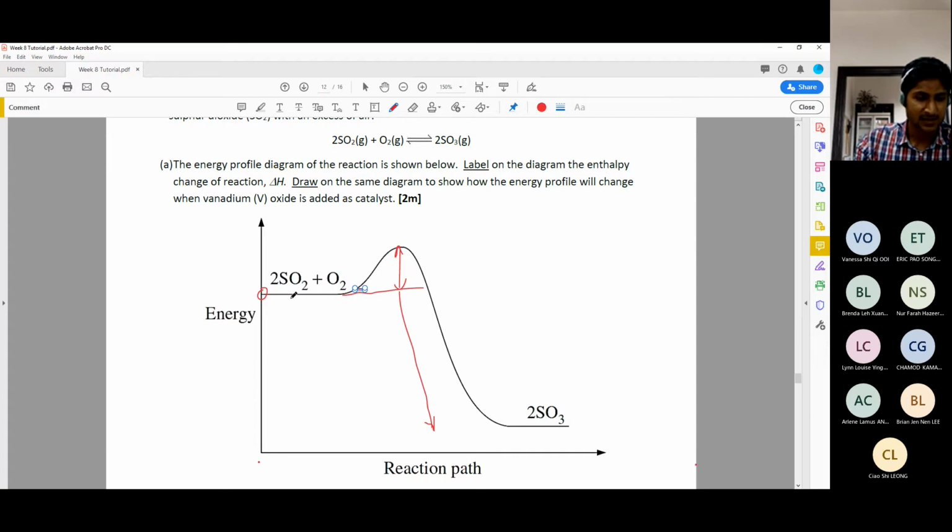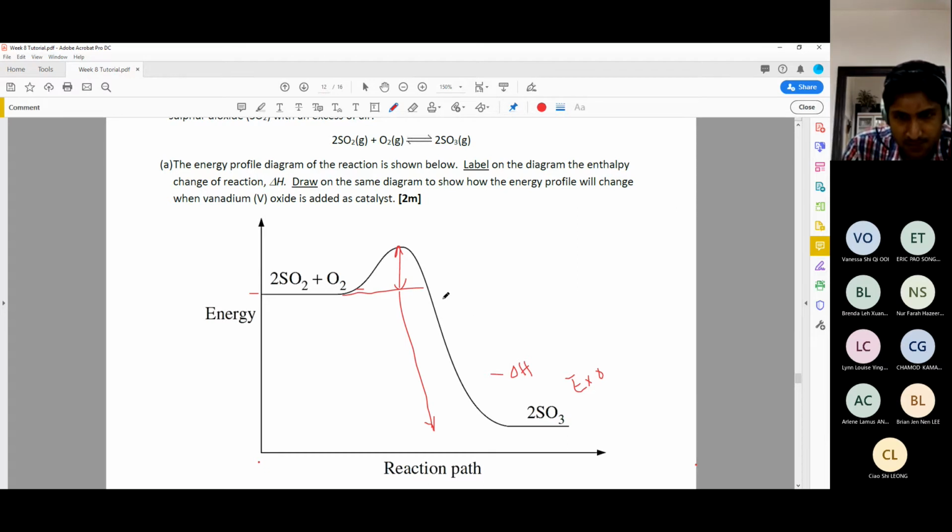It's not necessarily 0, but it started at a very low level. But when the product is going beneath the energy that we started with, that means they are releasing some energy, and that is why it is an exothermic reaction. So thank you.